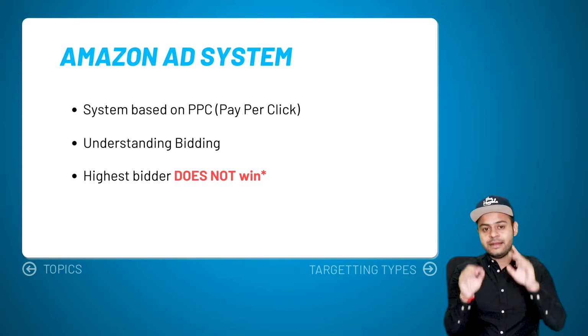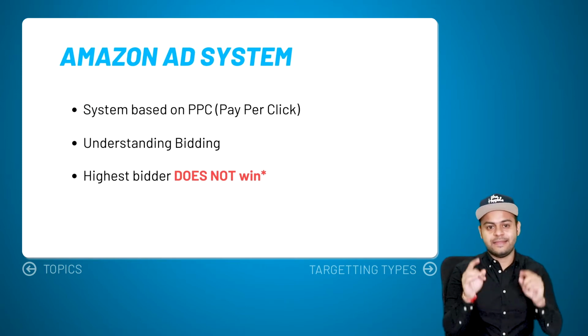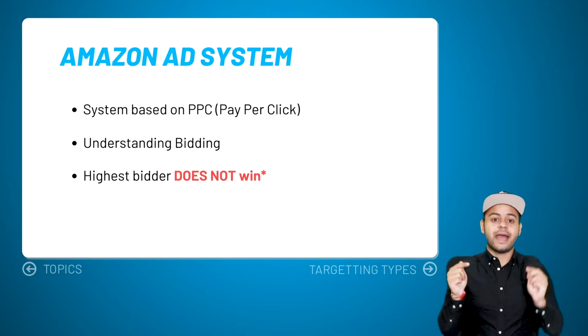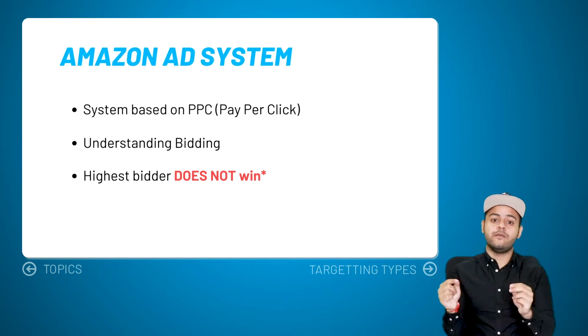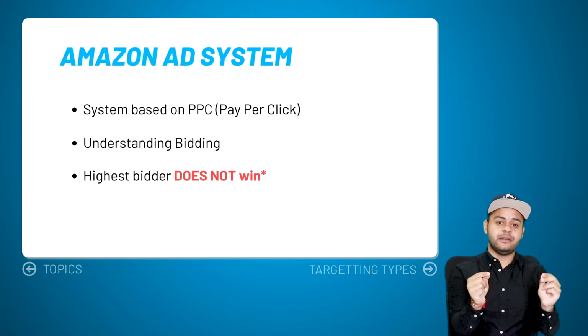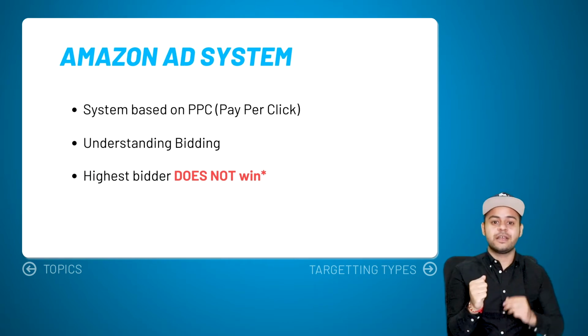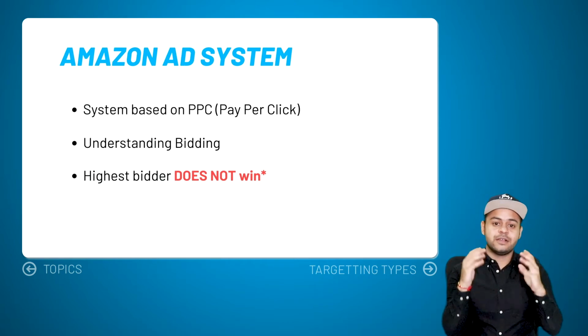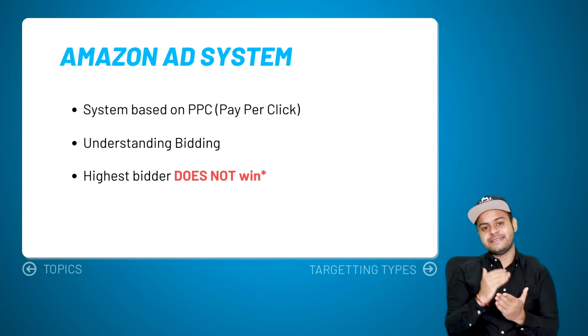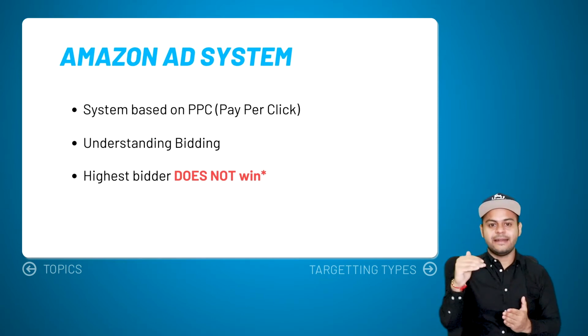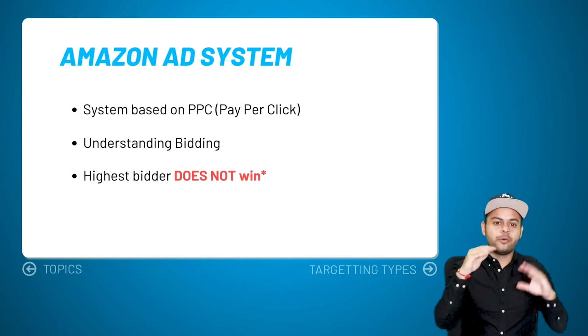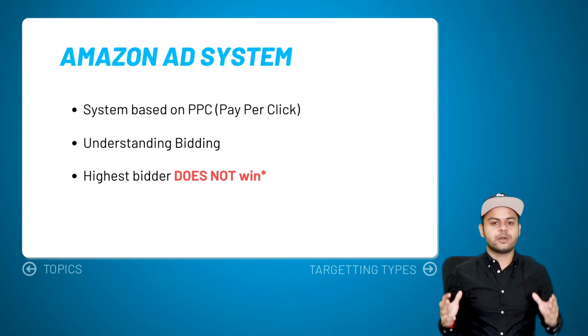But don't forget, there is one catch here, and that is the third point on the slide. The catch is Amazon is not always going to favor the highest bidder, and that is because Amazon always loves their customers more than they love their sellers. So what does that mean? Let's say the highest bidder had an ad, but nobody was purchasing their product for whatsoever reason.